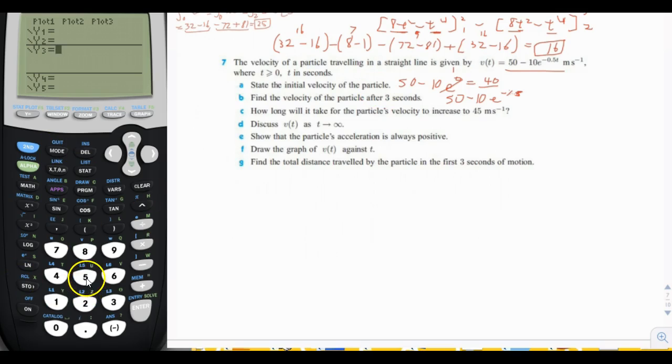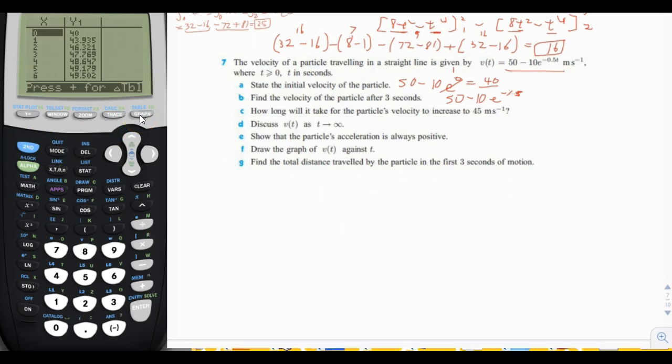We could just put this function in here, 50 minus 10 e to the negative 0.5 t, and then we could get all the possible values. So let's look at the table. There we found the initial velocity is 40. And the velocity after 3 seconds would be 47.769.